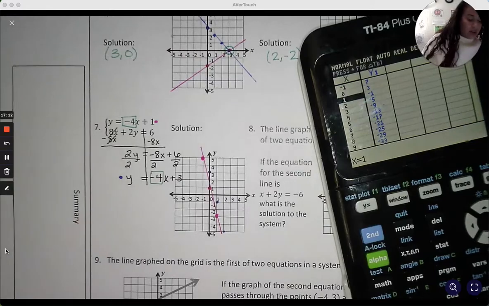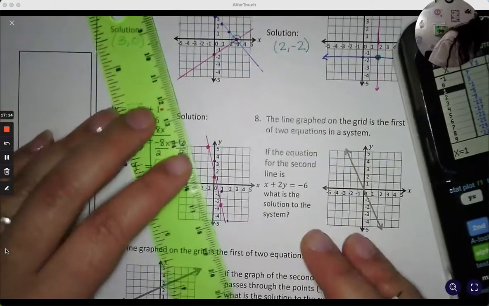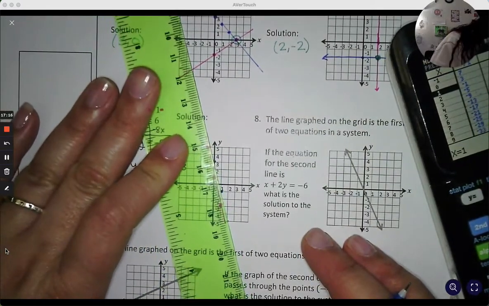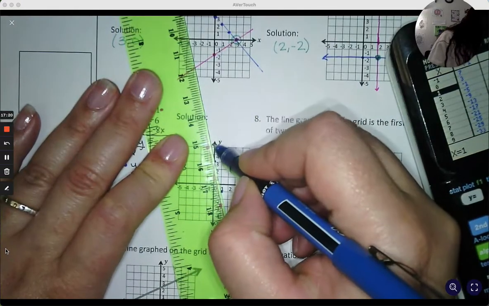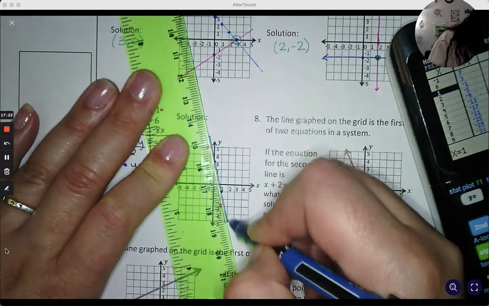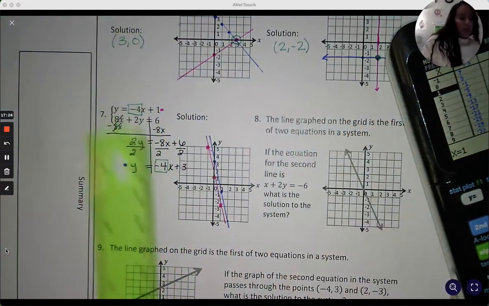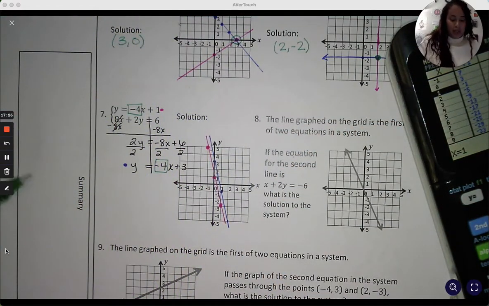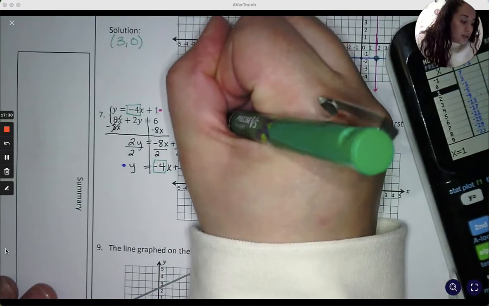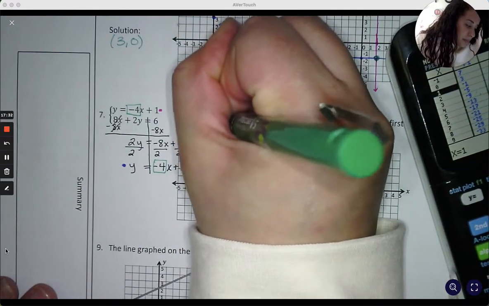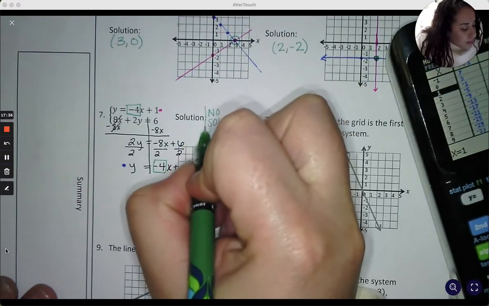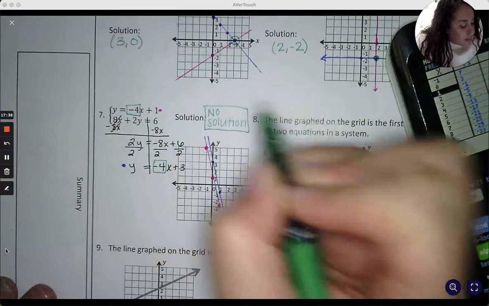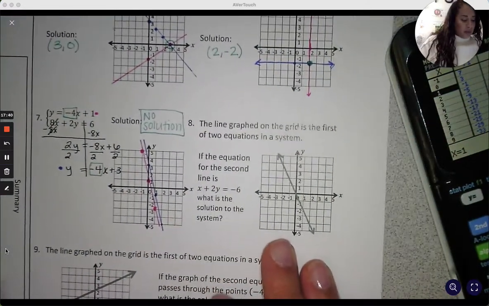So look at how close these lines are. But they're parallel, which means they never touch, which means there's no solution.